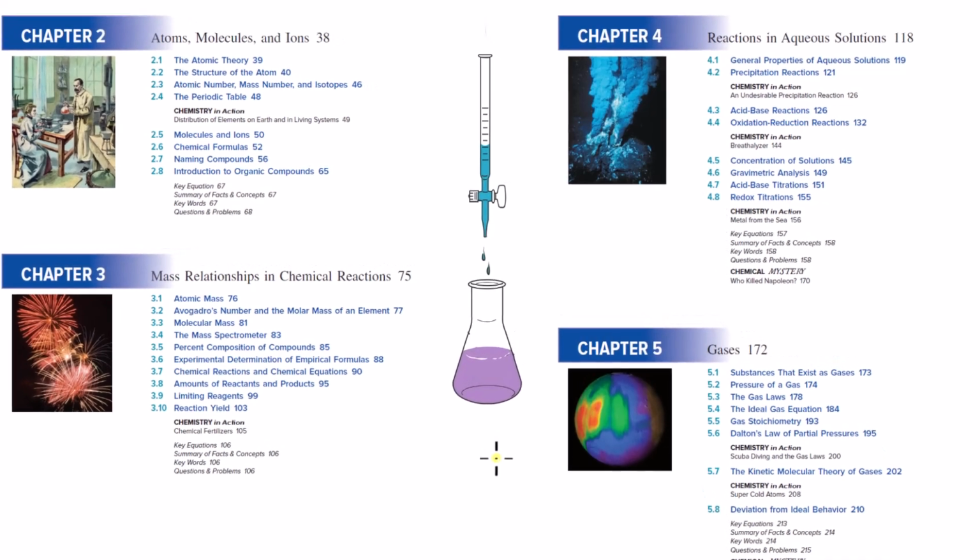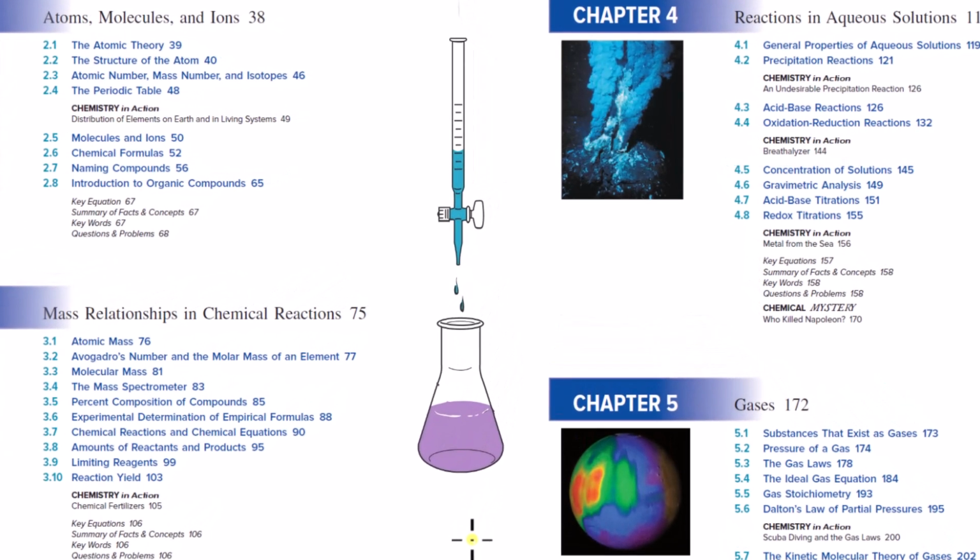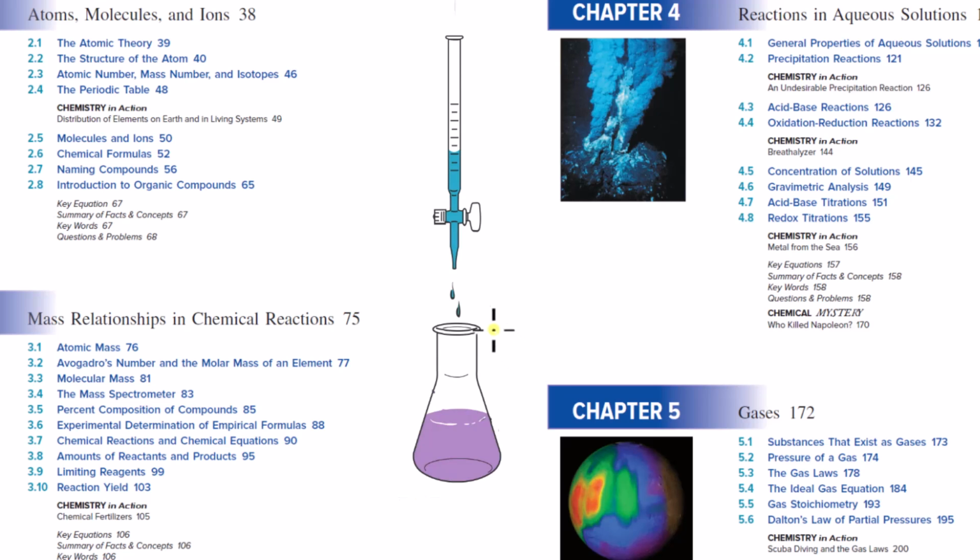A general way you can think about how this works is, you have a beaker and a burette. The solution in the burette is added to the solution in the beaker, with the exact volume of burette solution added being tracked, because the burette is scaled.